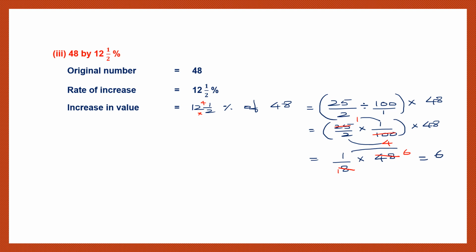So the increase in value is 6, which I just need to add to the original number. So the increased number will be 48 plus the increase in value, which is 6. 48 plus 6 is 54. So this is my answer, 54.